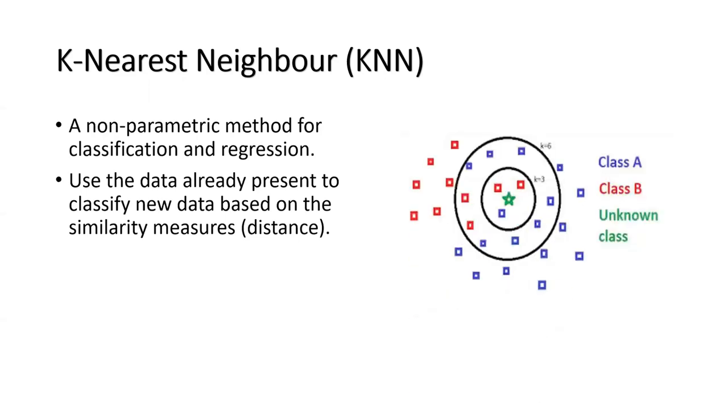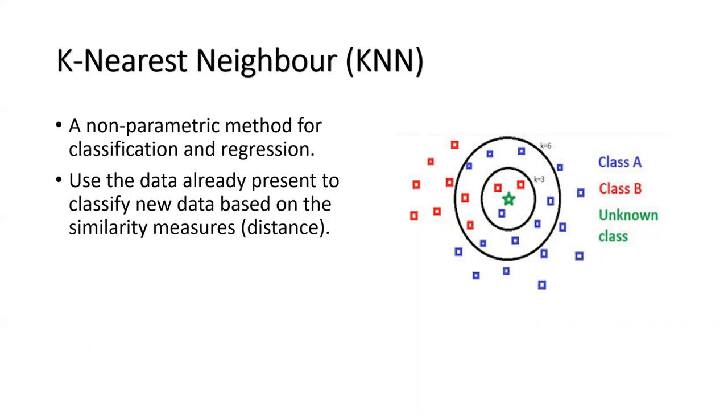Let's consider an example. Here there are two classes, A and B, and an unknown class in green color. If we take the k value as 3, we get 2 points of class B and 1 point of class A. These are data points and k is the count of nearest neighbors.